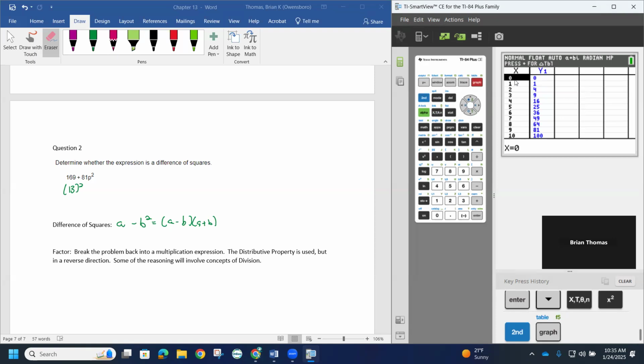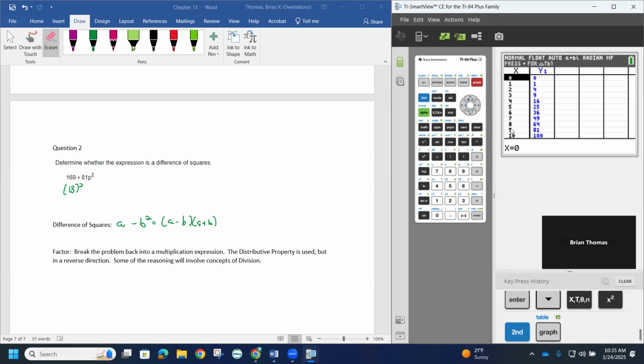So what this is doing is this is what we're squaring, and then these are the square results. So 0 squared is 0, 1 squared is 1. So notice that these are perfect squares. But typically we start with 4, 9, 16, 25, 36, 49, 64. Notice that 81 is a perfect square.